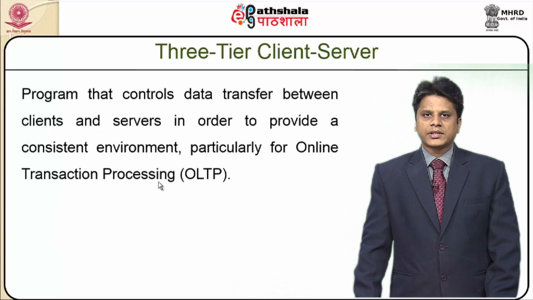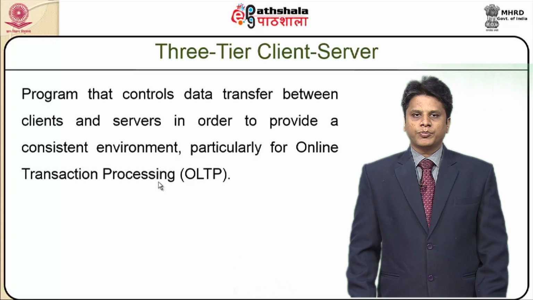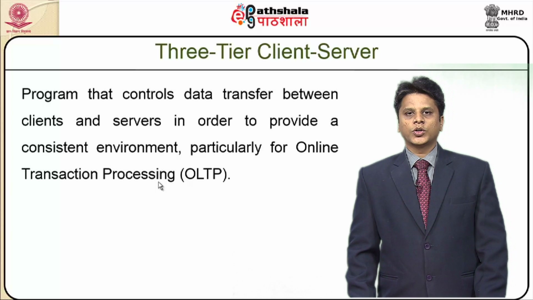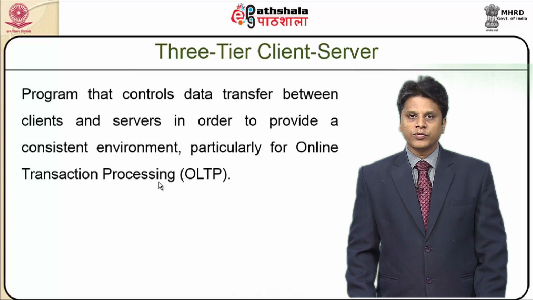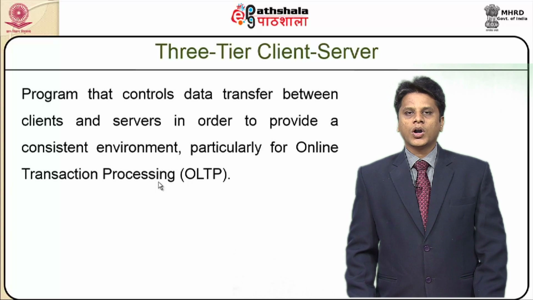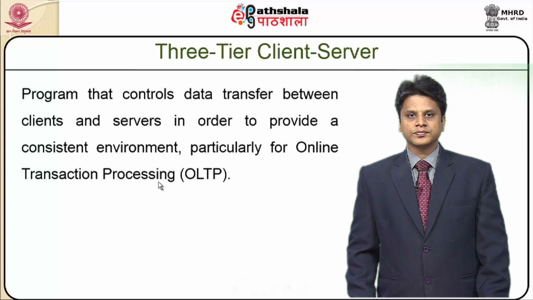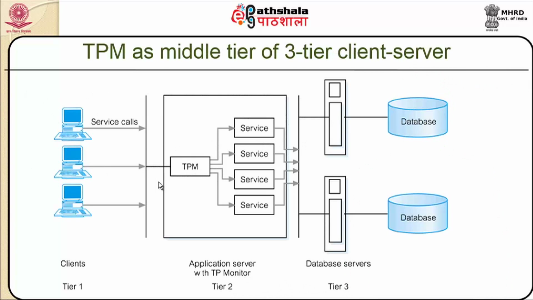As far as this three-tiered client server system is concerned, the program that controls data transfer between clients and servers in order to provide a consistent environment, particularly in an online transaction processing system, is referred to as a three-tiered client server system. With online transaction processing, it works like this.